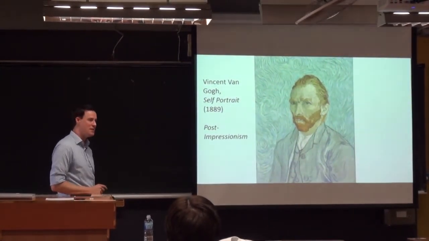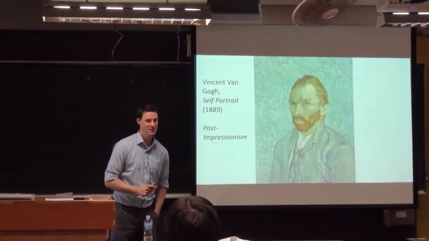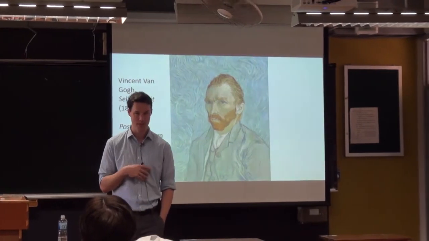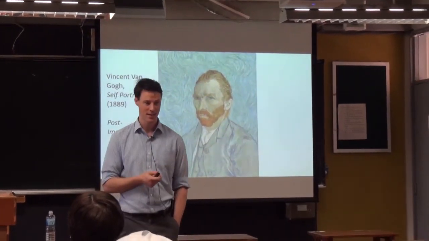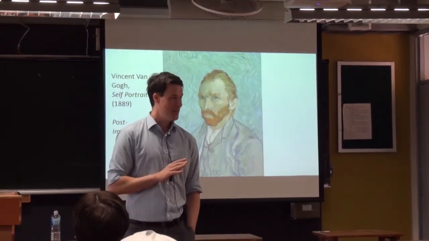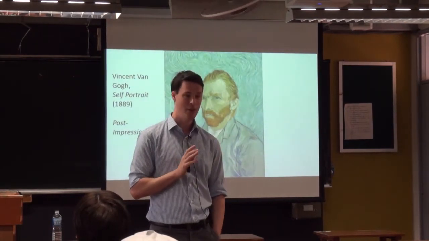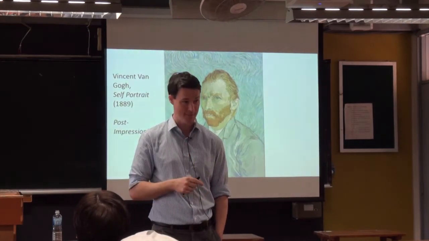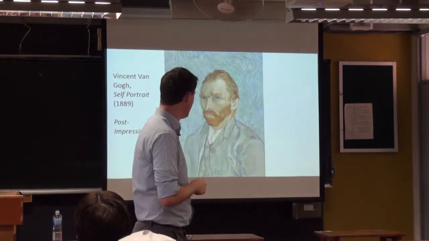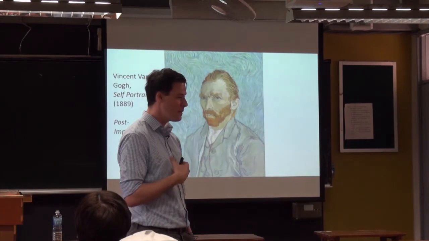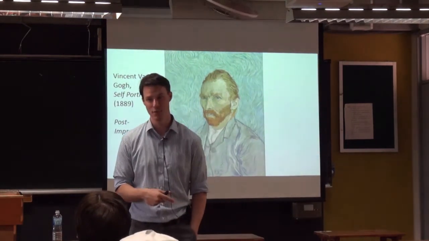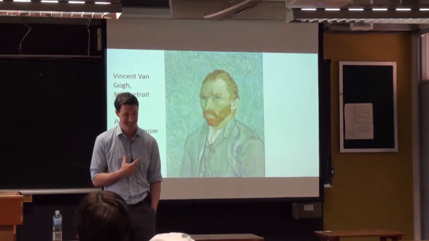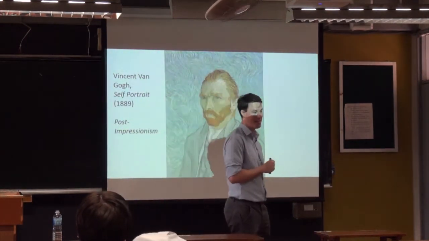All right. Why does he use blue? And how could we interpret the colors that are used in this painting? You know that Van Gogh was going insane during this time period. He was going crazy, right? He was probably very depressed. He was probably deeply sad and depressed as he was going crazy.